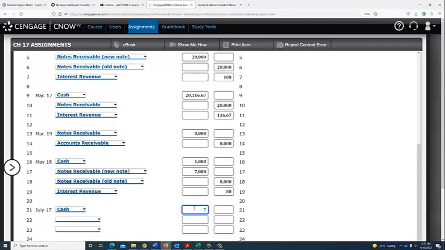So that's $7,070. We have a credit to notes receivable to remove the new note from our books. Here was the debit, and so here's the credit to remove it. And then we're going to enter the interest revenue for 70.